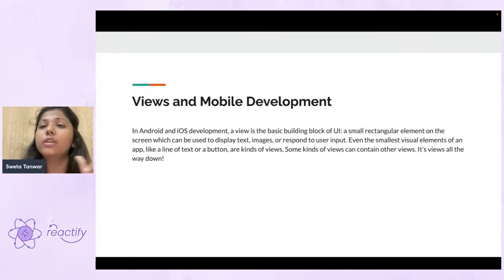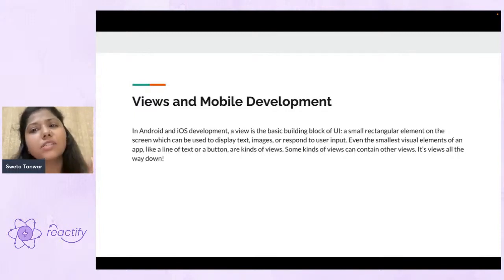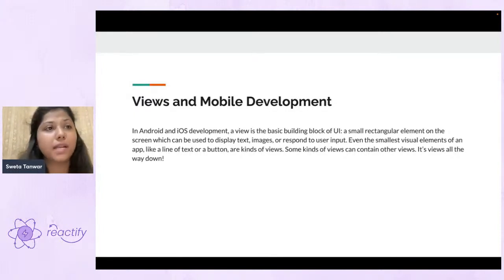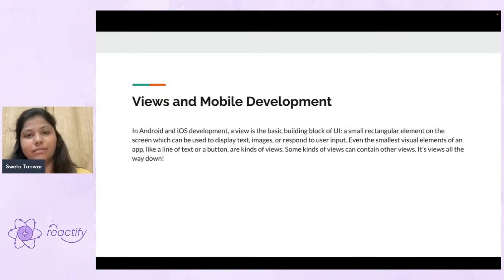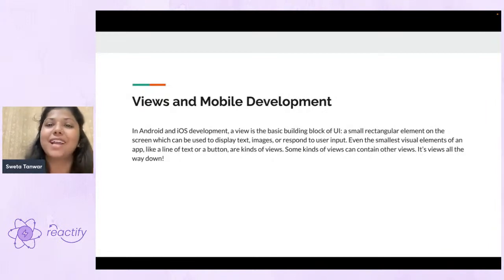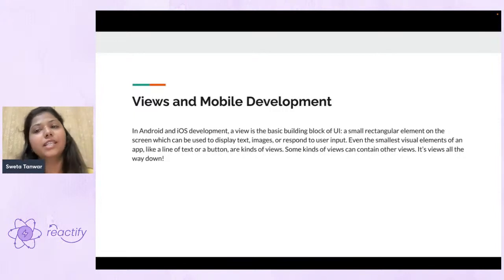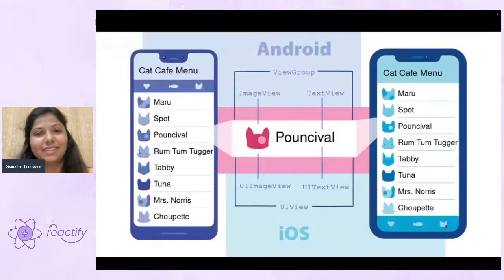A small rectangular element, although a very powerful element on the screen, which can be used to display text, images, or respond to user input. Even the smallest visual elements of an app, like a line of text or a button, are kinds of views. Amazing, no? Some kinds of views can contain other views. It's views all the way down.